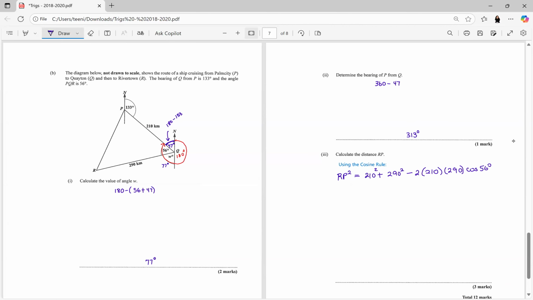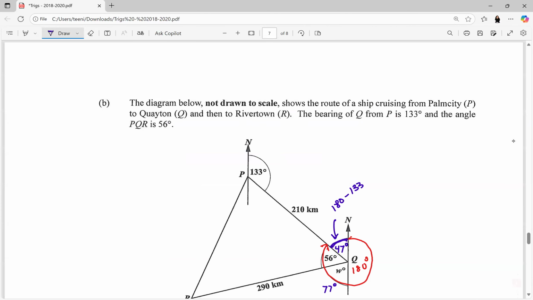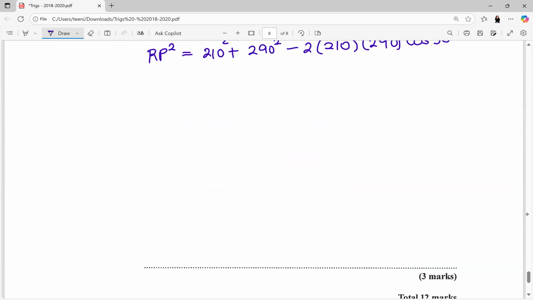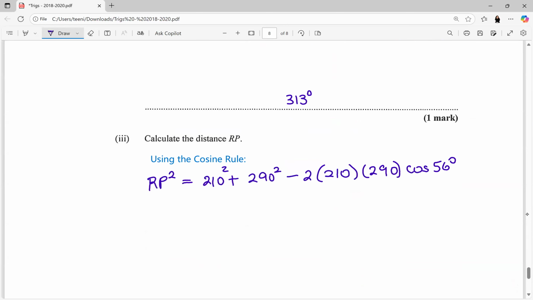Let me make this bigger. Good. So let's work it out. We'll get RP squared. Well, 210 squared plus 290 squared is 128,200.